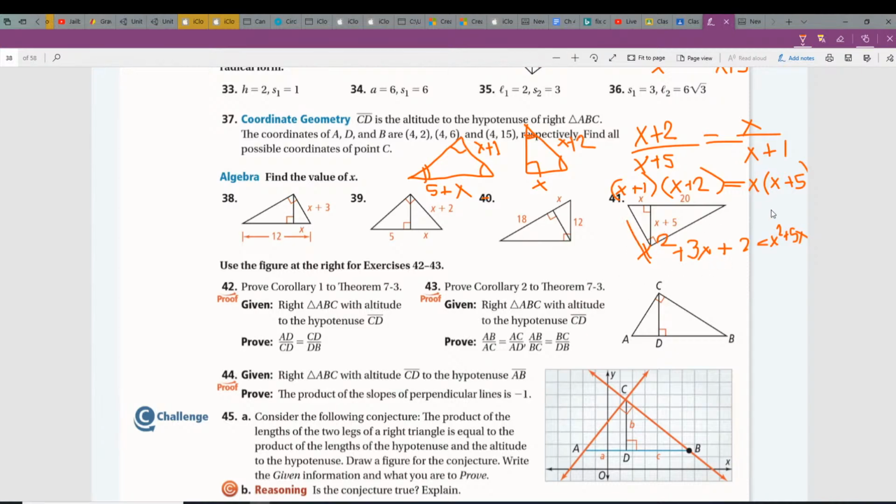Here we have a quadratic, but we can see that they both have x squared, so we can just cancel that out, and we're left with 3x plus 2 is equal to 5x. We take out the 3x from each side. We'll end up with 2 is equal to 2x, and we'll end up with 1 equals 1. Now, let me double check that I have the right answer.